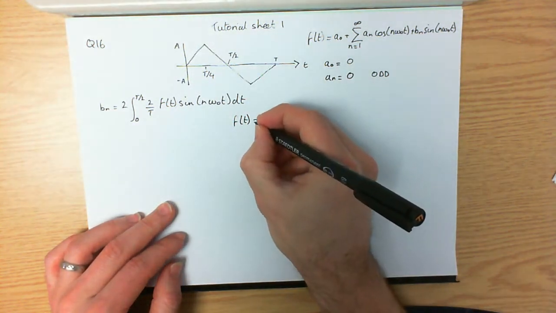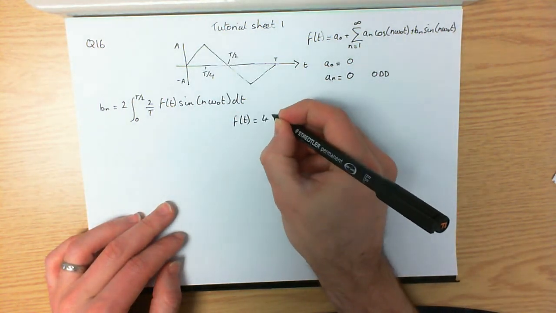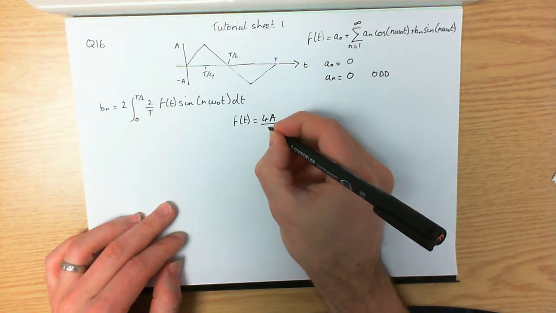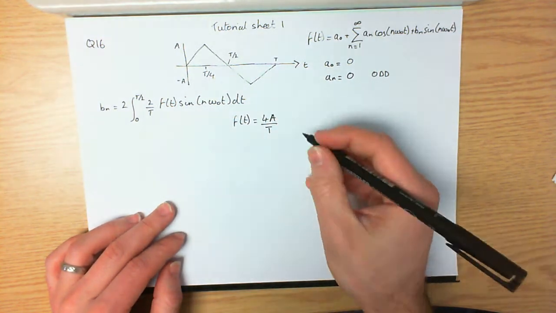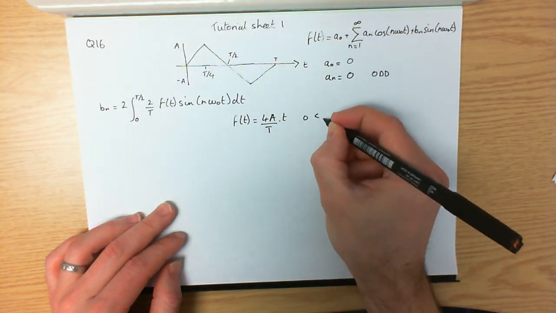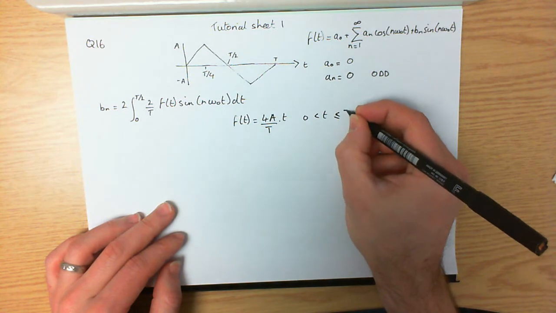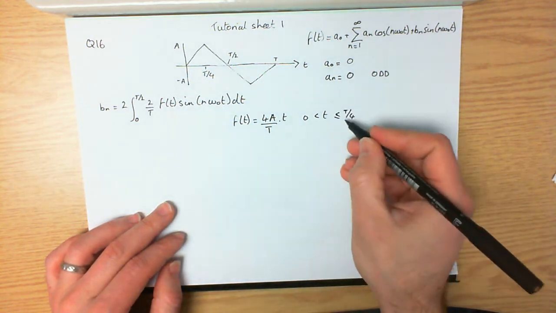So f of t is equal to, we've worked out the gradient of this, 4a over T, where T is the period, times t, over this time period here.